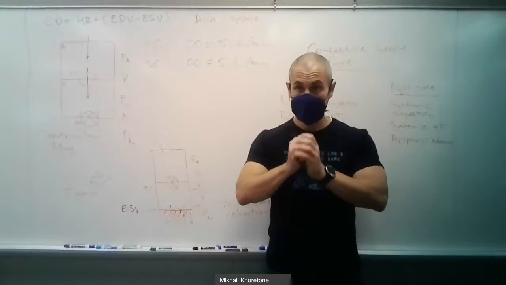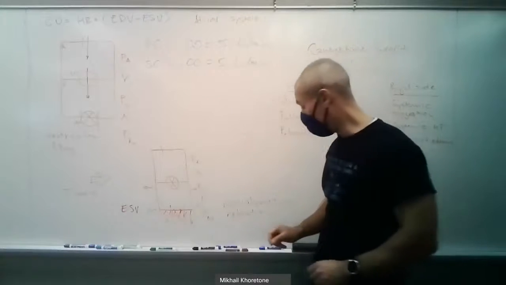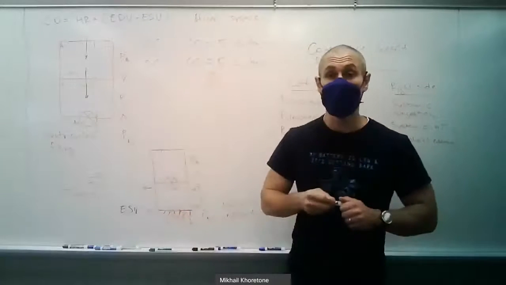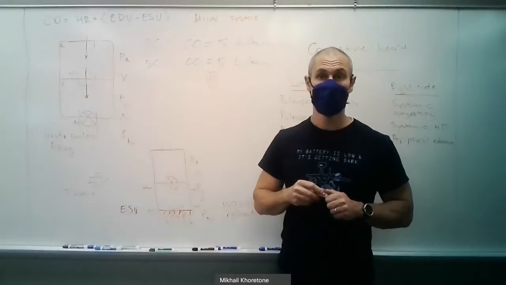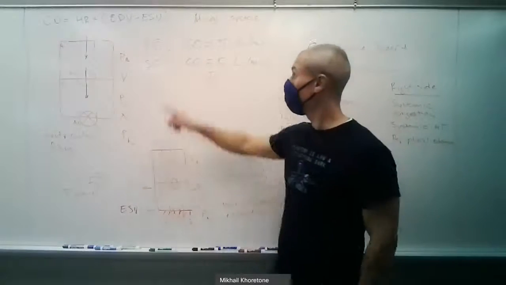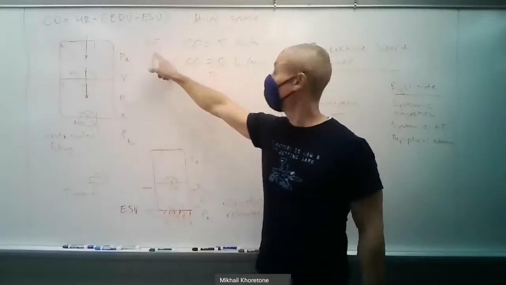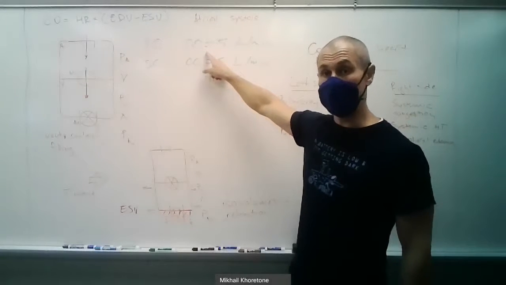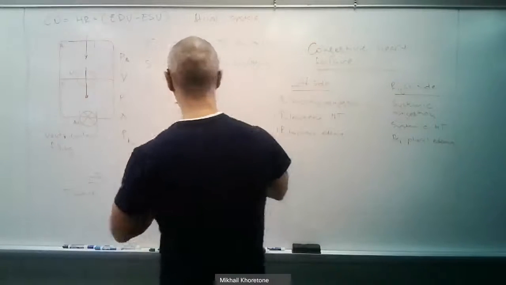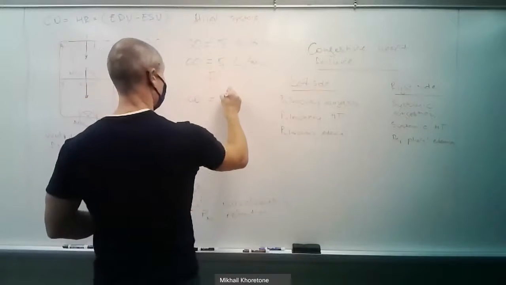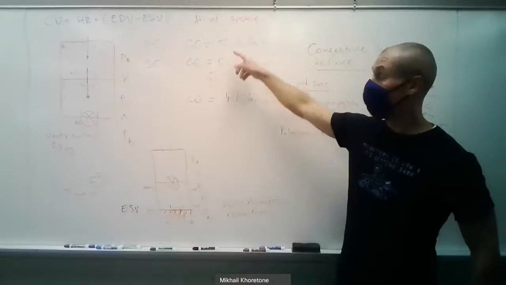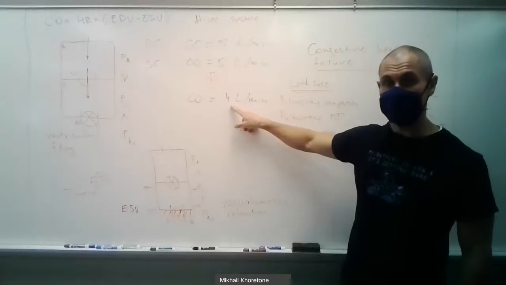Are you following? Now, imagine for a second that we have a problem. Which side do you want to fail? The right side, which means if the right side fails, is it going to pump more or less in a minute? Less. So pulmonary cardiac output is now 4 liters per minute. Now you have only 4 liters in that circuit.